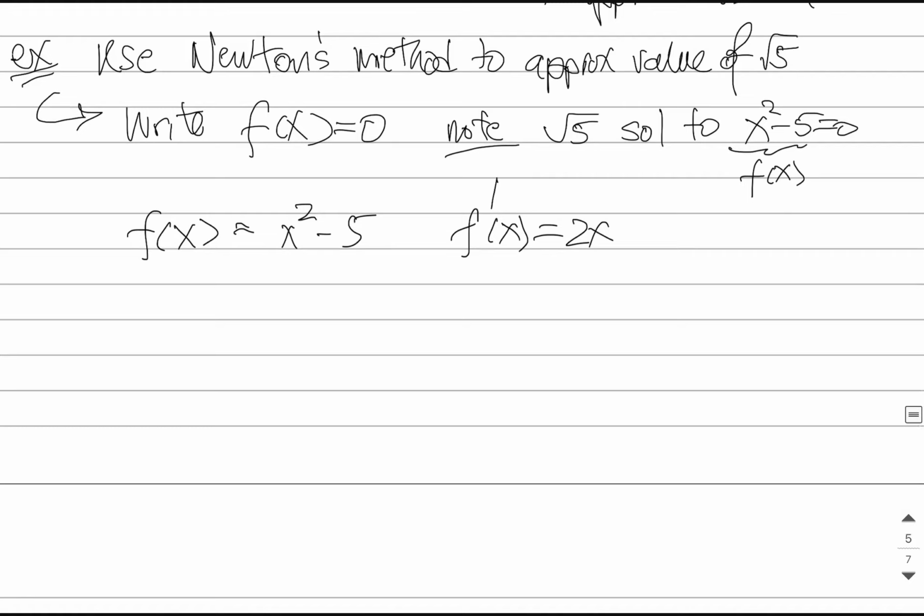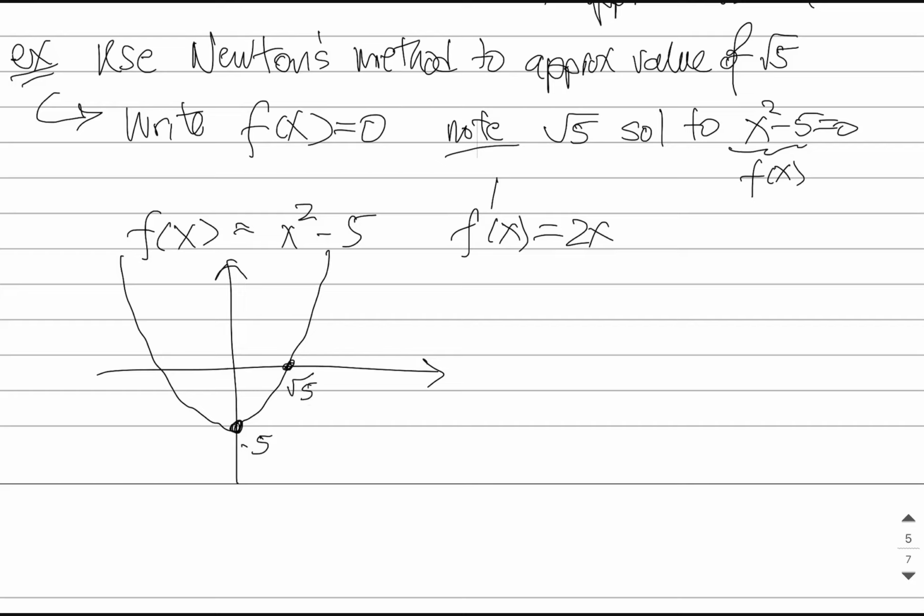Now, just to try to tie in some more concepts with what we've done earlier in the semester, I have this function and I know what it looks like. It's a parabola. It crosses at -5 and it kind of does this, right? So I know that this answer right here is root 5, and I know that this answer here is negative root 5.